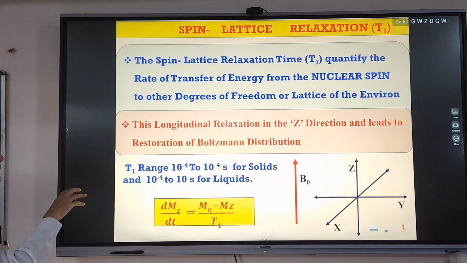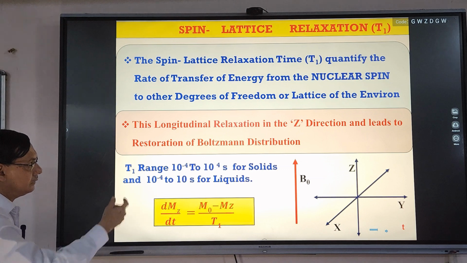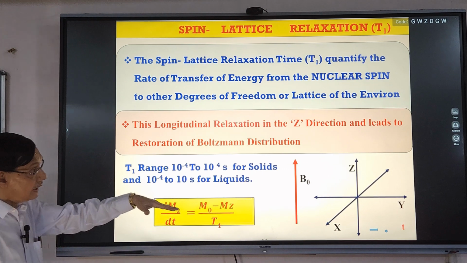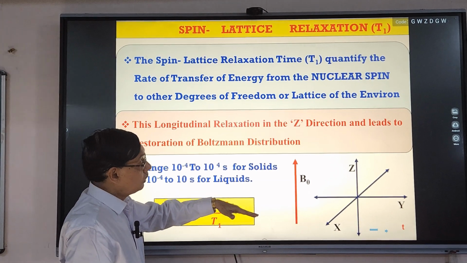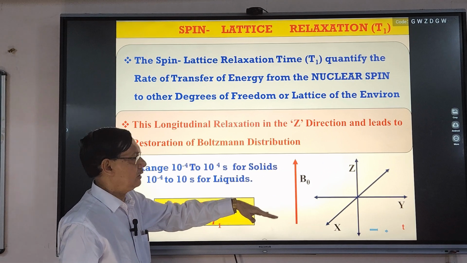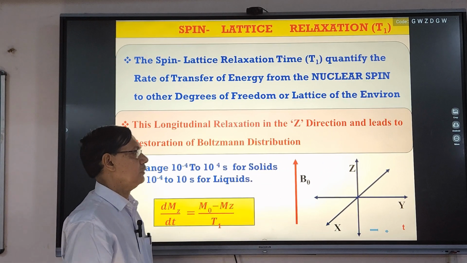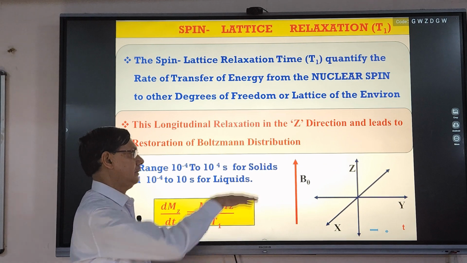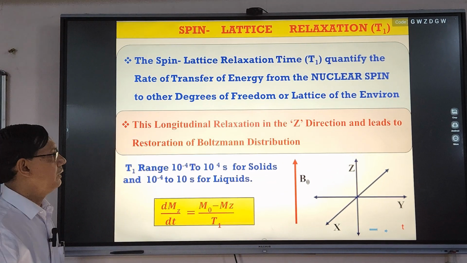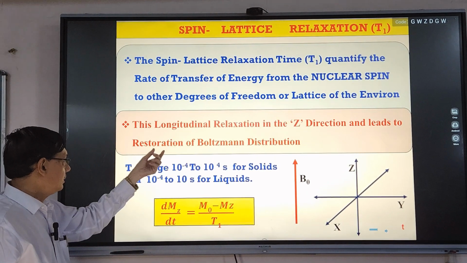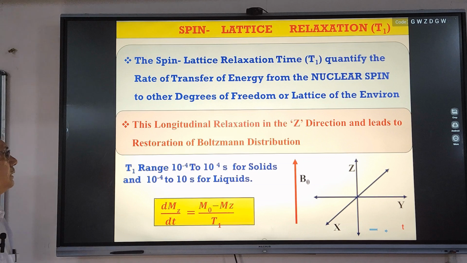That means that energy is released to the surroundings of that nucleus. And of course, everywhere we follow the Maxwell-Boltzmann distribution. It is the fundamental of spectroscopy: absorption of radio frequency and the release of energy. Whether it is longitudinal relaxation or not, there is a restoration of the Boltzmann distribution.